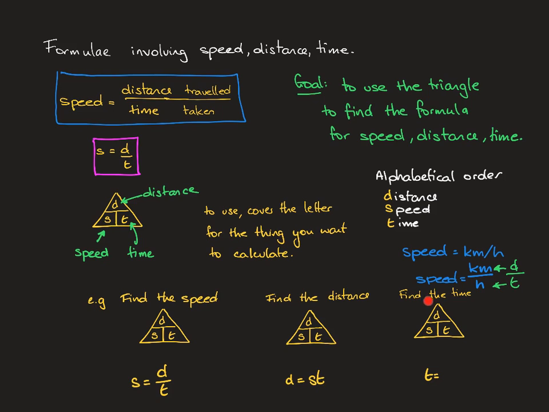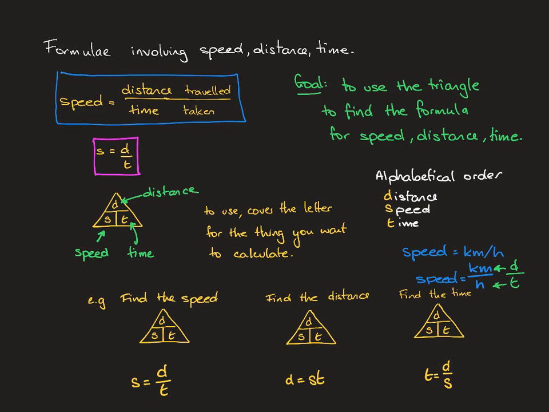And then finally, if we wanted to find the time, we write T is equal to, time is equal to, we cover up the T, and you can see that you've got D above the S. And that's the way we write the formula, D above S. And so to find the time, we're going to take the distance and divide it by the speed.